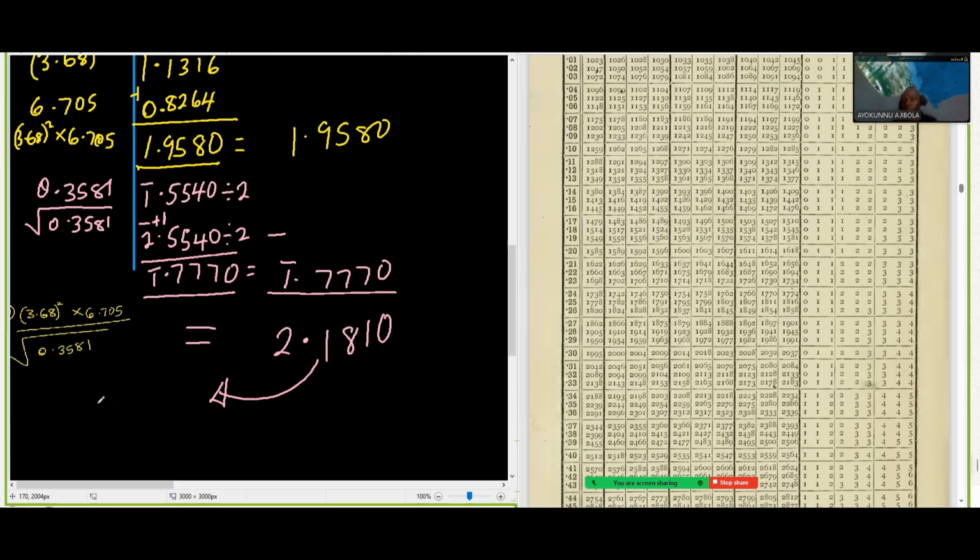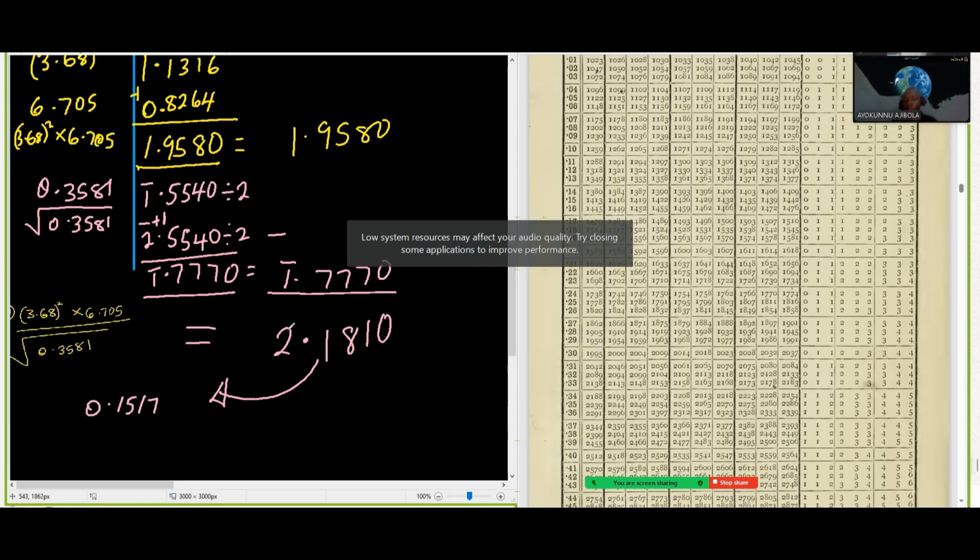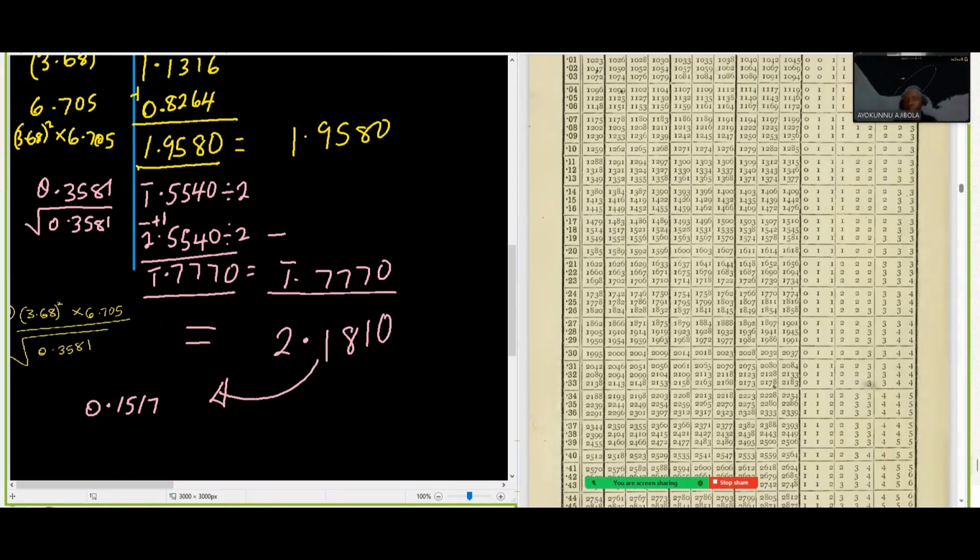So I have 0.1517. There is 2 here. If I add 1, it will become 3. That will indicate where my point will go: 3 steps to the right because it's positive, 1, 2, and 3. So my answer is going to be 151.7.